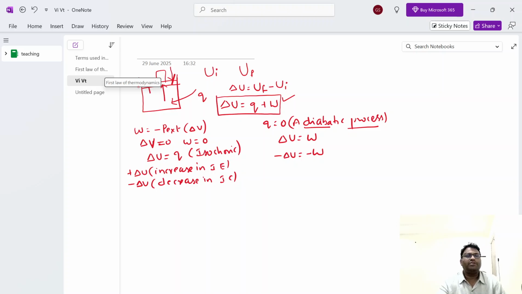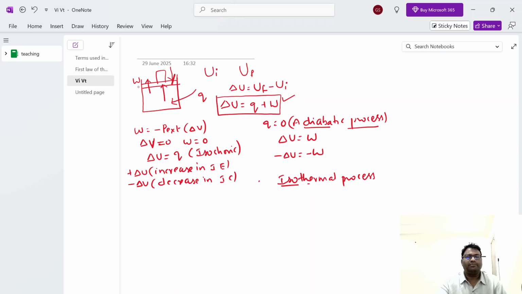What does the first law of thermodynamics say? It is the law of conservation of energy. The change in the internal energy is the sum of heat and work done. Let us take delta U is equal to 0. What is that process? Isothermal process.